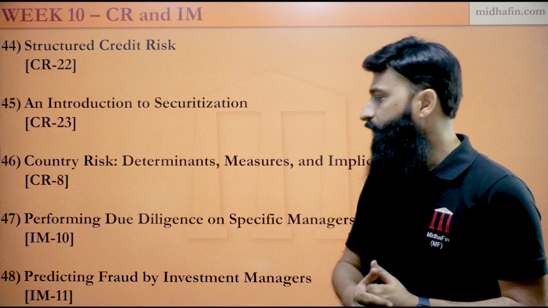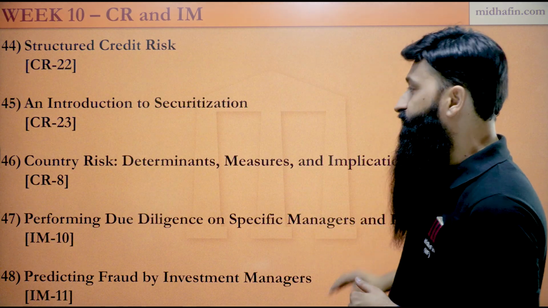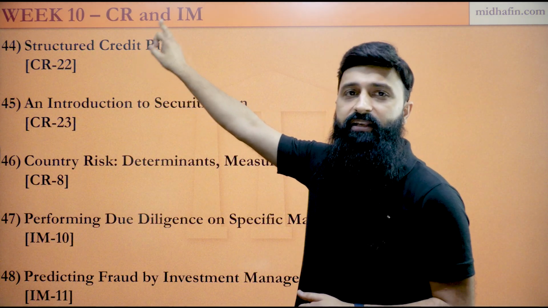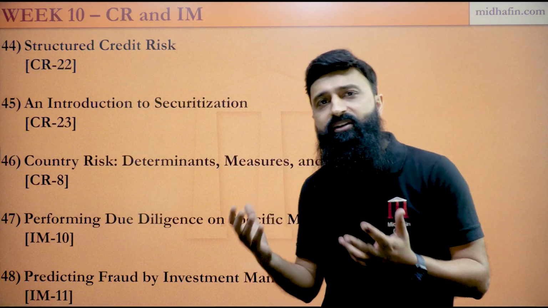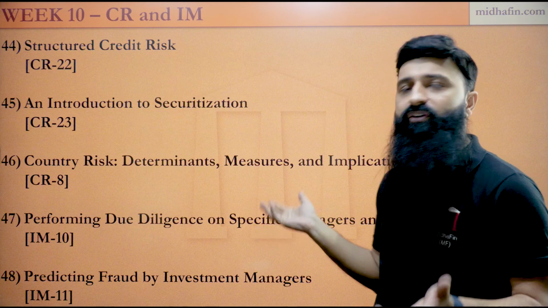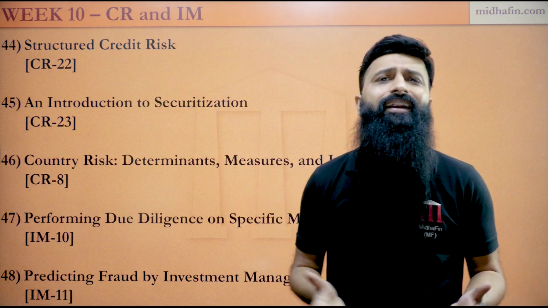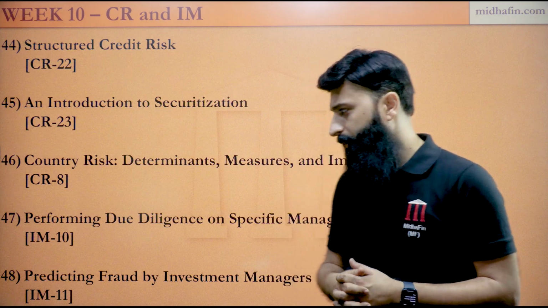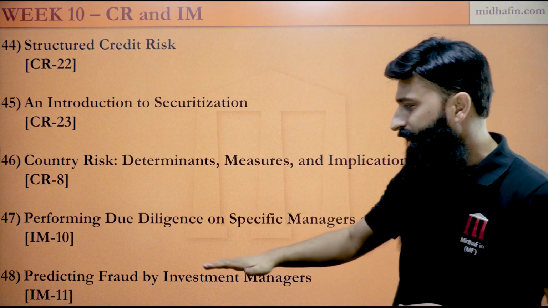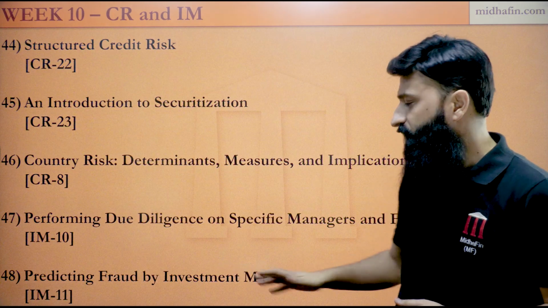Then you have performing due diligence on specific managers and funds. So you can see in this week we have CR as well as IM. So it covers the reasons for hedge fund failures, elements of the due diligence process, criteria for evaluating any kind of hedge fund, and provides practical insights into the evaluation of investment managers and funds. Okay. Then you have predicting fraud by investment managers.